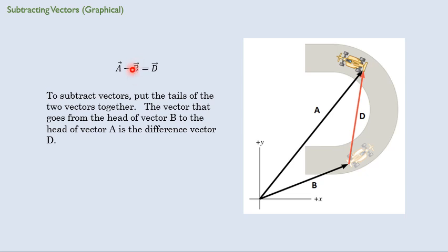So if we add the B vector to both sides of this, we would have A equals D plus B, and there we would get B plus D equals A. Okay, so we can move vectors to either side of the equation by adding and subtracting, just as we would with regular algebra. Okay, so that is subtraction.